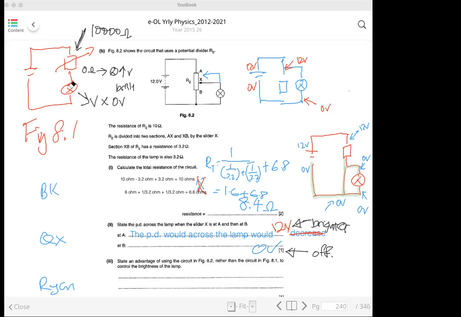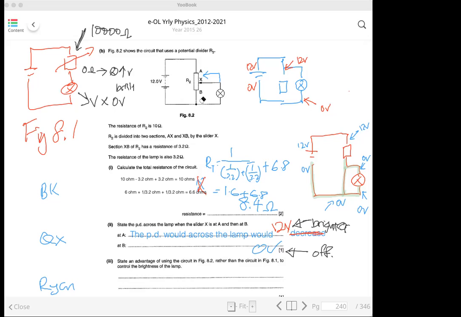Are you all clear about this? So this variable resistor can only go up to a maximum of a certain value. Even at the maximum value, the PD across this bulb will not be zero. So this bulb can still dim, but it will not dim to nothing.